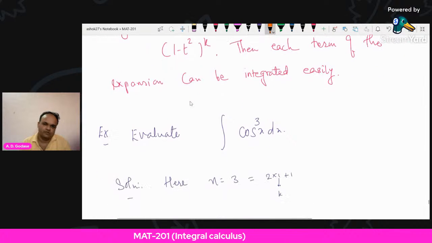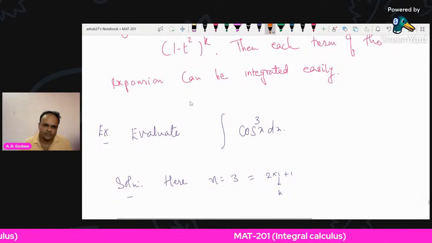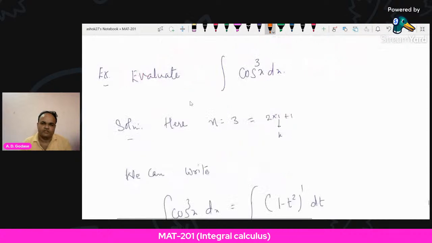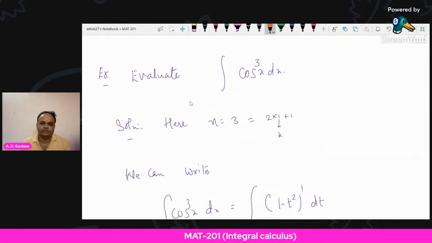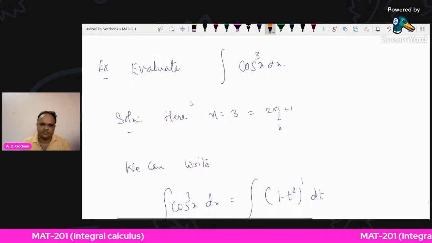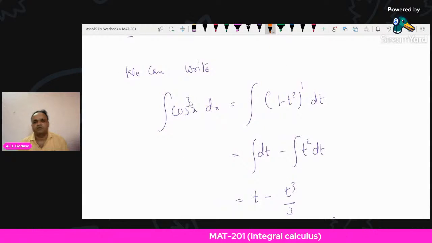We can evaluate one particular integration, that is integration of cos cube x dx. Here n is equal to 3, which is an odd integer, and you can write it as 2 into 1 plus 1, that is k equal to 1. So the value of k is 1. We can write this integration, integration of cos cube x dx, as integration of 1 minus t square its power k.